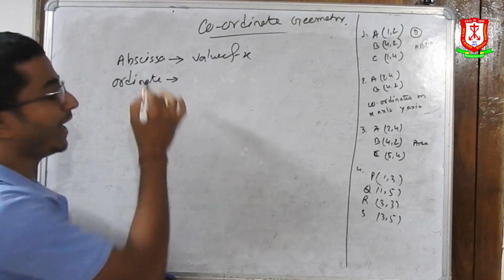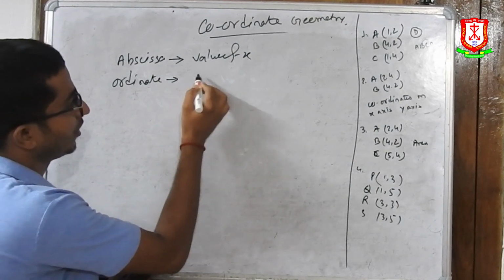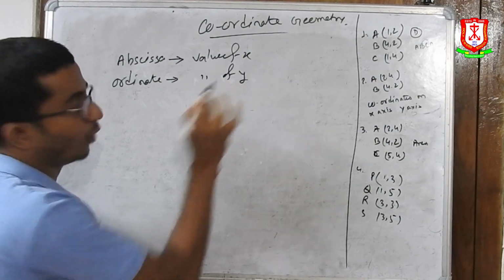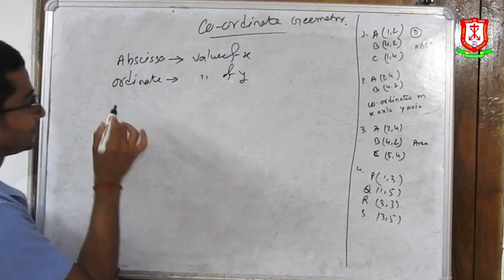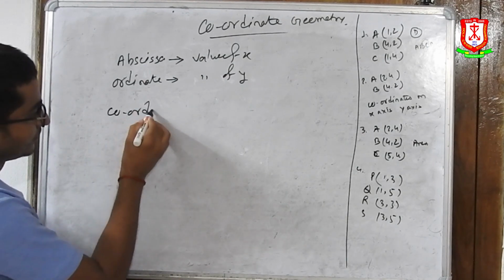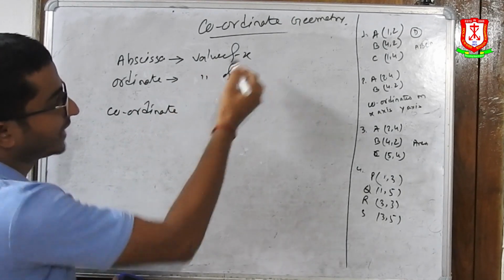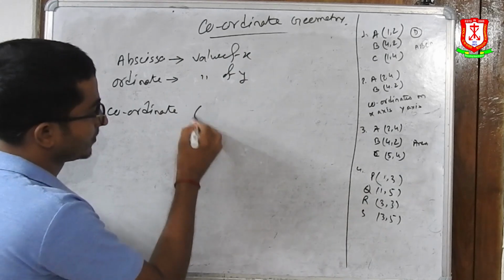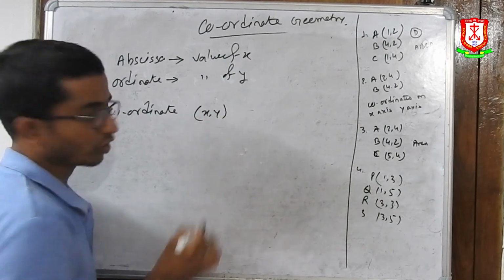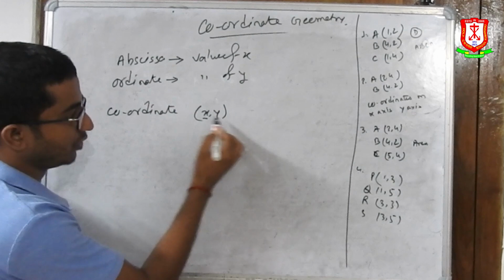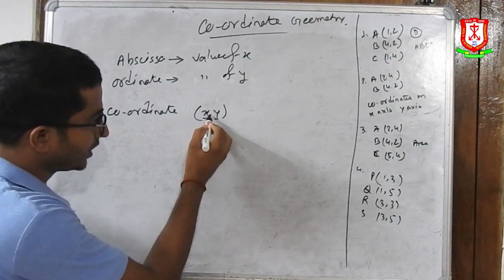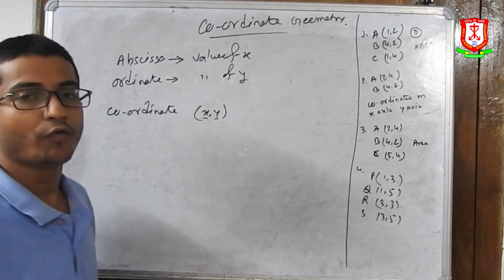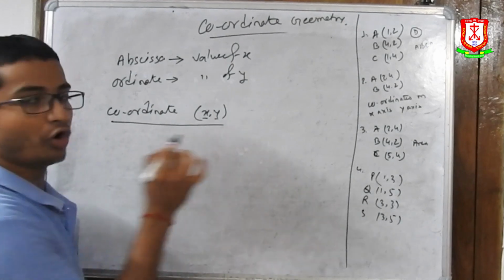The distance of any point from the x-axis, or it is the value of y. Then coordinate. Together, abscissa and ordinate are called coordinates, the value of x and the value of y, by putting a comma between them and inside the brackets.